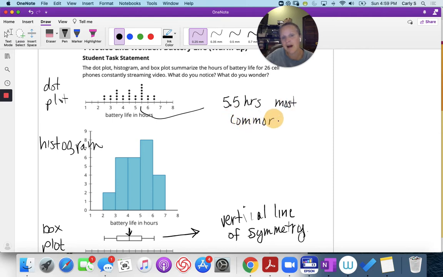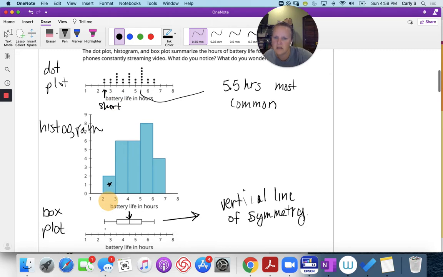Each one of those dots represents one cell phone's data. Okay, so 1, 2, 3, 4, 5, 6 cell phones had a battery life of 5.5 hours. That's pretty short. Some cell phone had a 2.5 hour battery life, which would fall right in here. And also, that would be the lowest value right here.